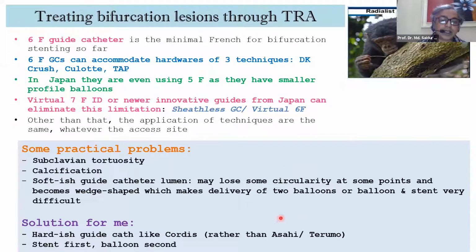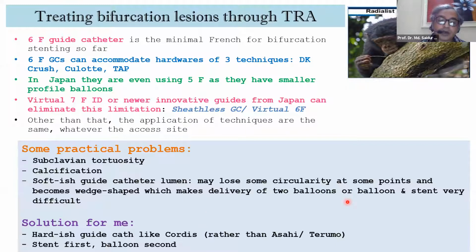What I feel after 10 years of transradial approach is that some practical problems sometimes happen, like subclavian tortuosity, or calcification in the aortic part. The softest guide catheter lumen may lose some circularity at some points and become a little bit wedge shaped, which makes delivery of the two balloons, or the balloon and the stent, very difficult.